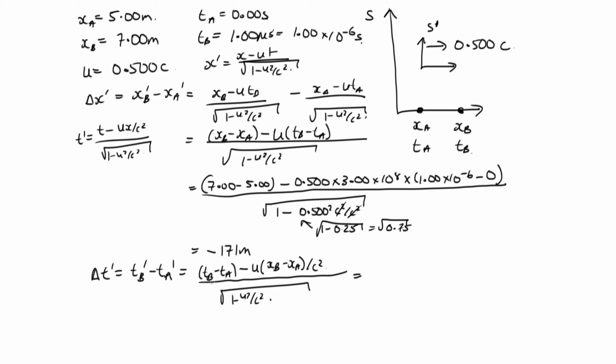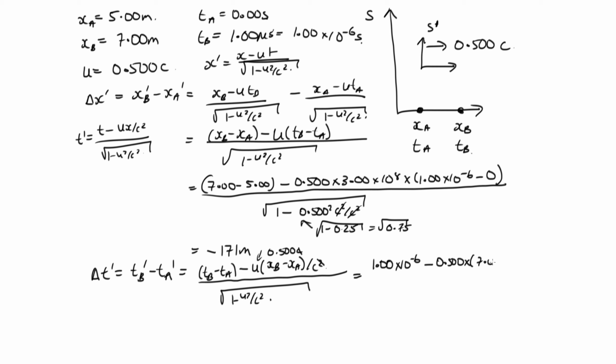So this is equal to tb minus ta, which is 1 times 10 to the minus 6, and then ta is 0, minus u. So u is 0.500c. So one of these c's will cancel with one of those c's. So I've got 0.500 times xb minus xa.